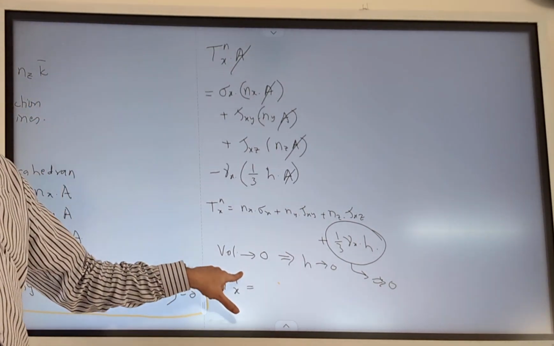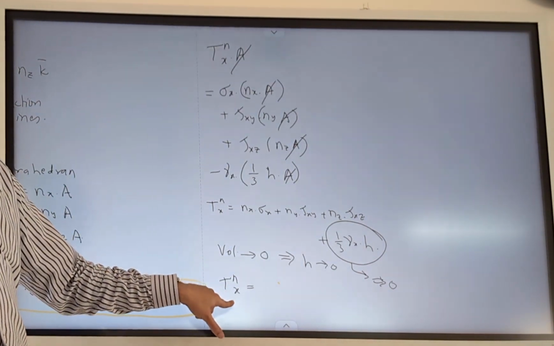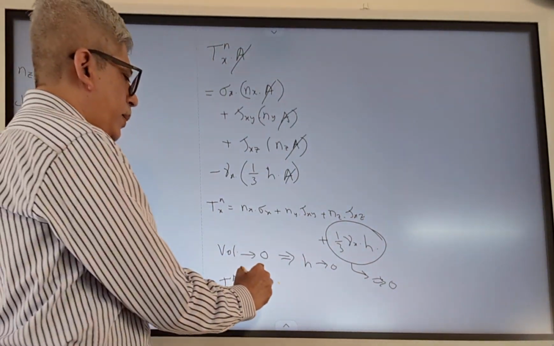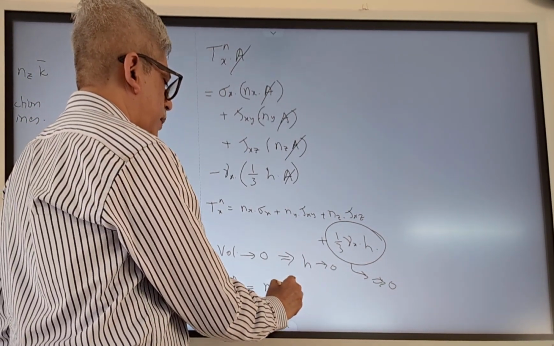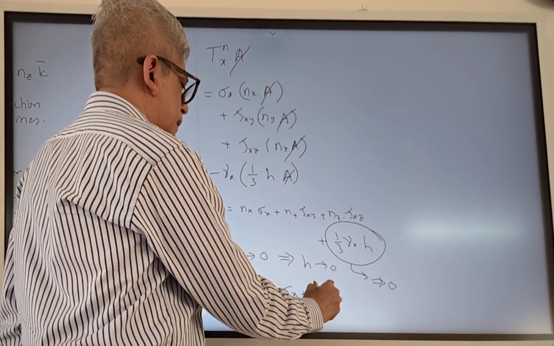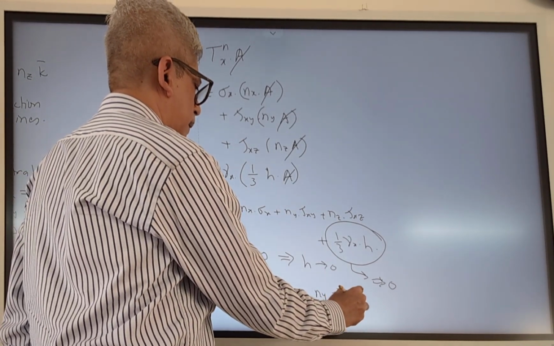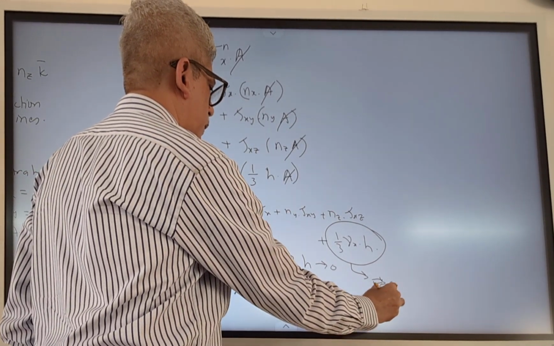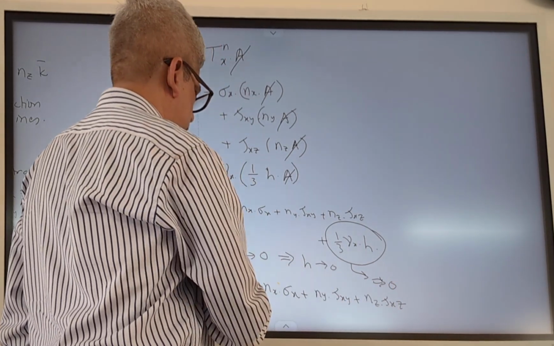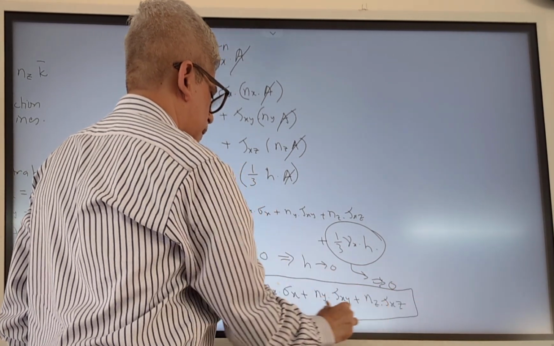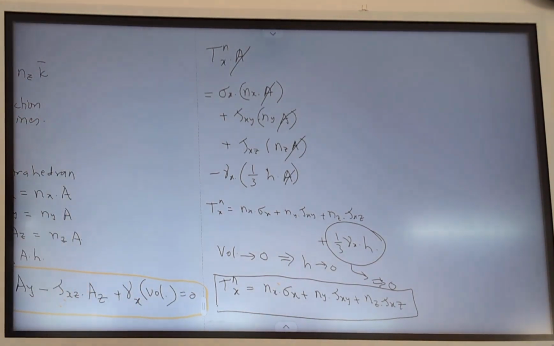So that is on an arbitrary plane, the n plane, the traction vector in x direction would be given as nx into sigma x plus ny into tau xy plus nz into tau xz. So that is the first Cauchy's equation.